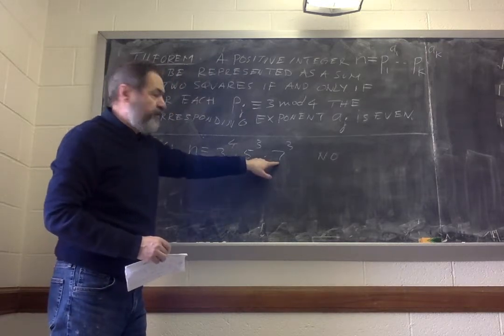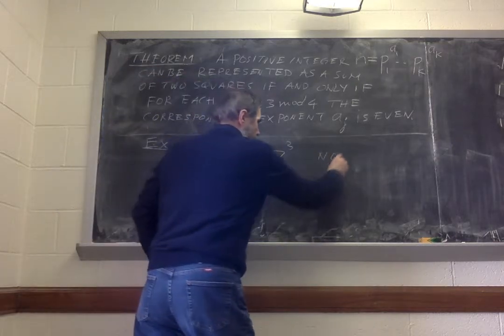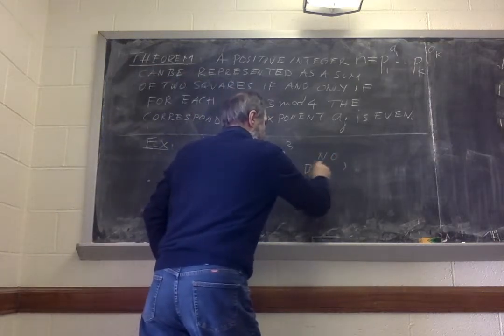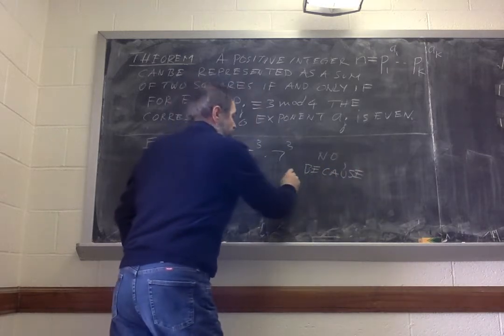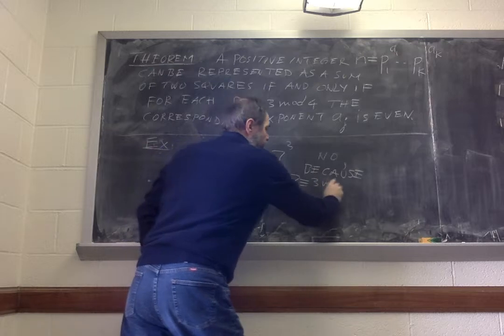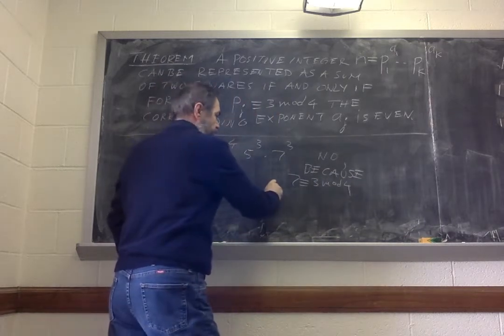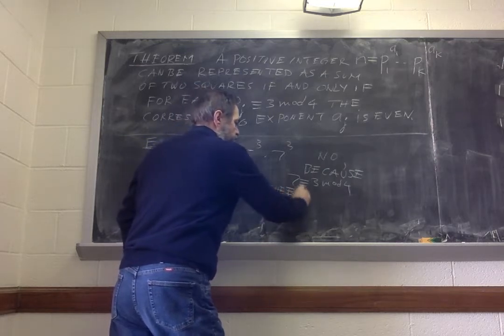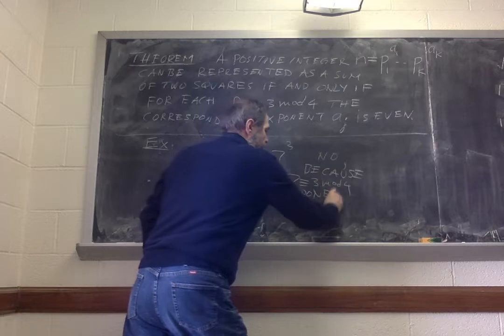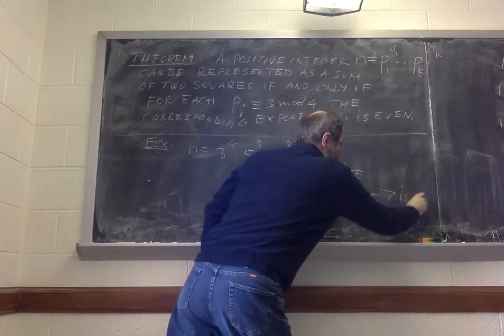I can see this prime, 7, is congruent to 3 mod 4, and the exponent of 7 is odd.